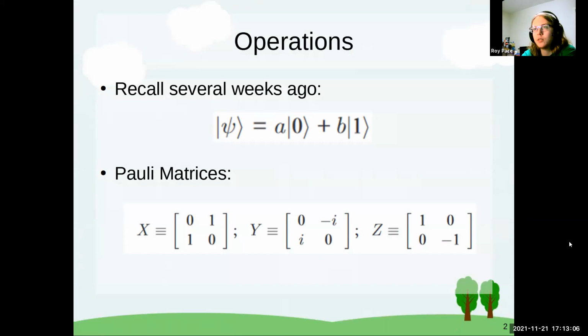So I think I was the one who presented on this a few weeks ago. We said that a state vector is represented in the standard basis as a 0 ket and a 1 ket added together, each with a respective amplitude. And I also went over some very elementary quantum gates which you apply to a state vector.